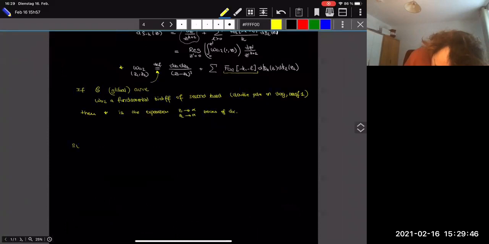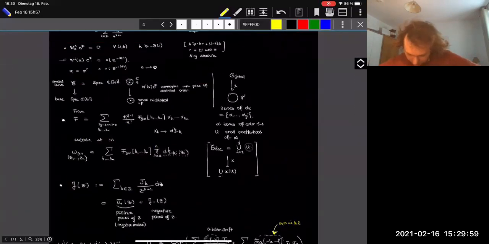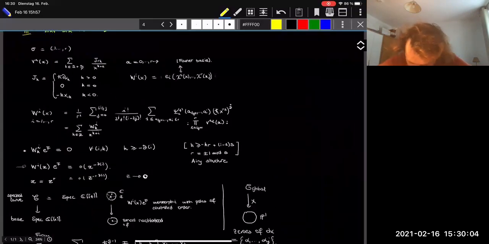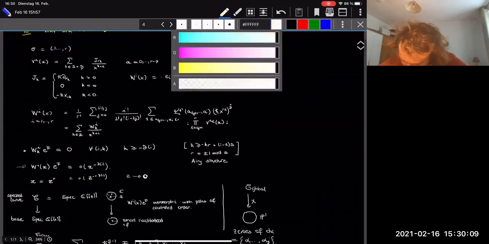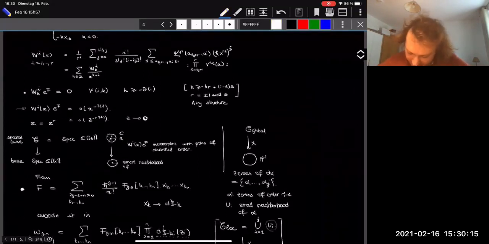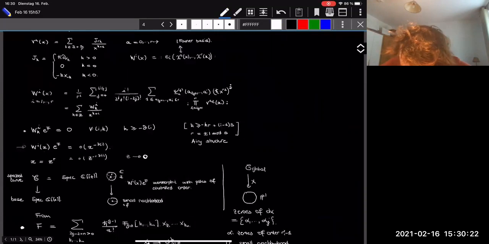So now, reformulation of W constraints. We have this operator here, and we see that everything combines well when I want to express that in terms only of these J's. The only thing that may be puzzling is what are those roots of unity doing?